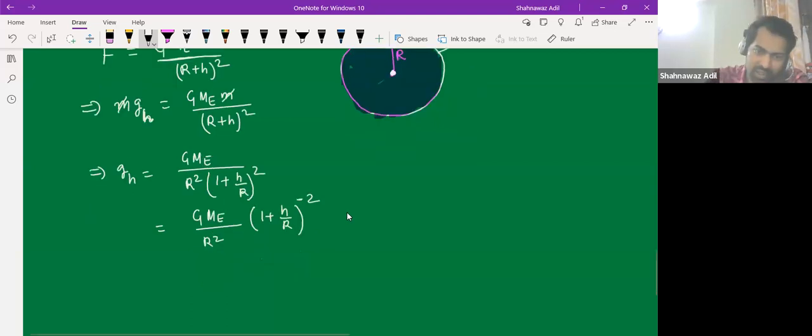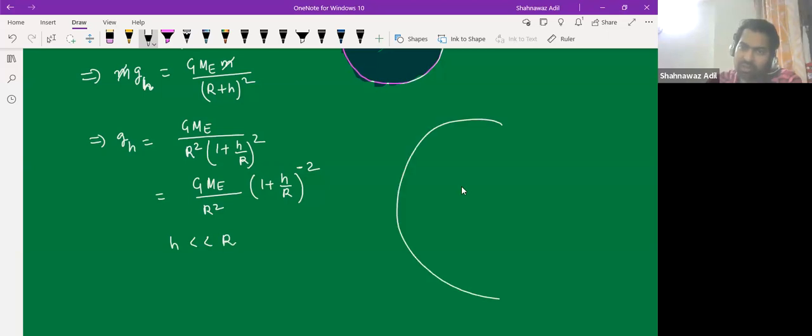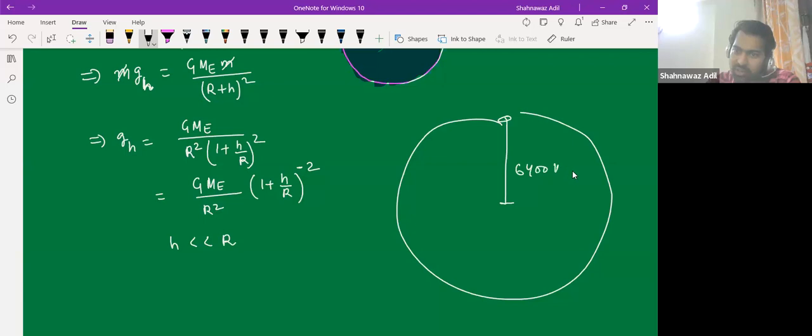If your height is very small compared to the radius of the Earth, because the Earth is so big, with a radius of 6,400 kilometers, and you are some 3 kilometers above the surface, this height is very small compared to the radius of the whole planet Earth.